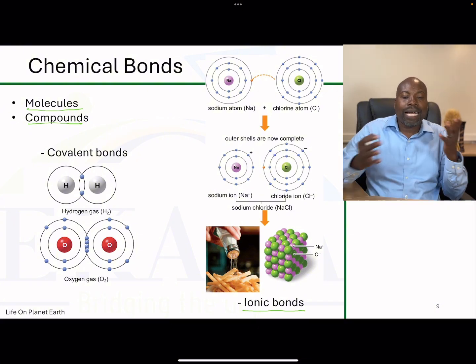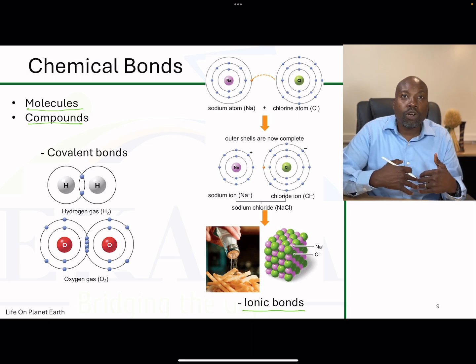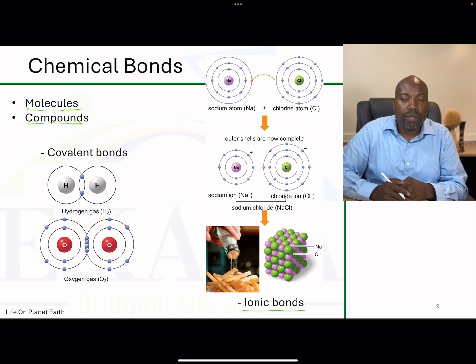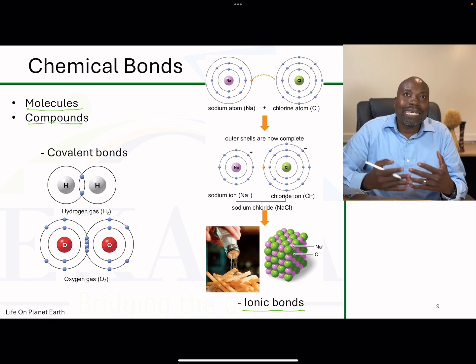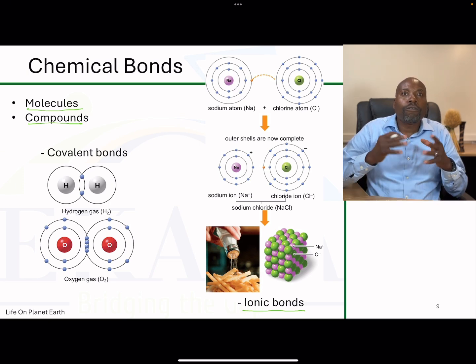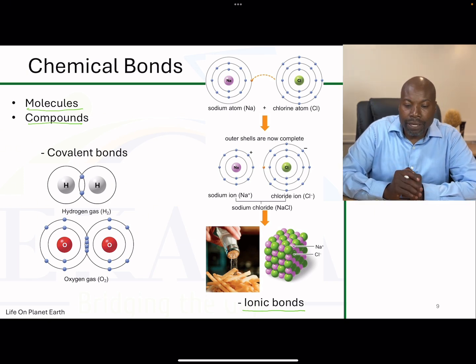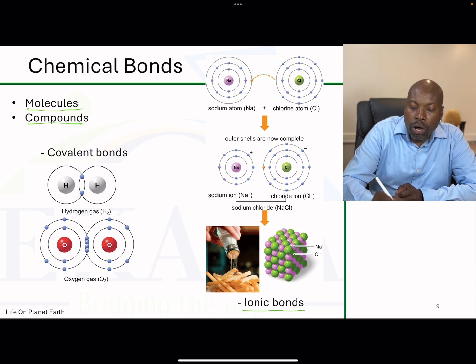But how do we tell the ions apart, whether you are losing an electron or gaining an electron? An atom that gains an electron is going to be overall negatively charged. And that overall negatively charged atom is now called ion, and that ion is called an anion.